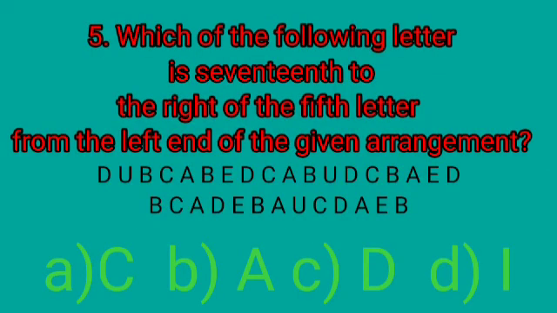Which of the following letter is 17th to the right of the fifth letter from the left end of the given arrangement? D, U, B, C, A, B, E, D, C, A, B, U, D, C, B, A, E, D, B, C, A, D, E, B, A, U, C, D, A, E, B.